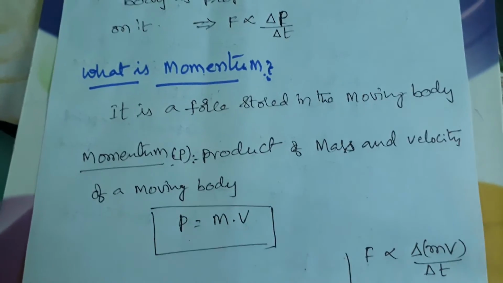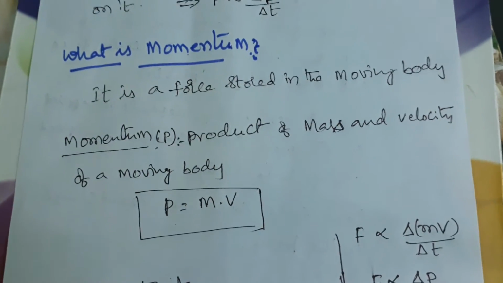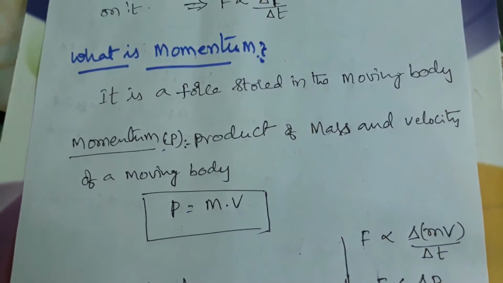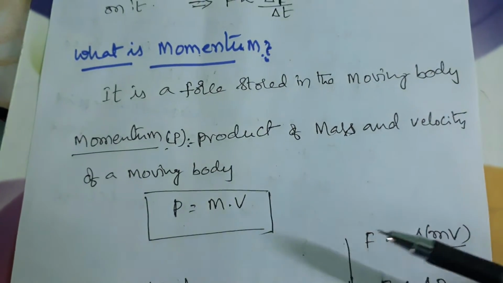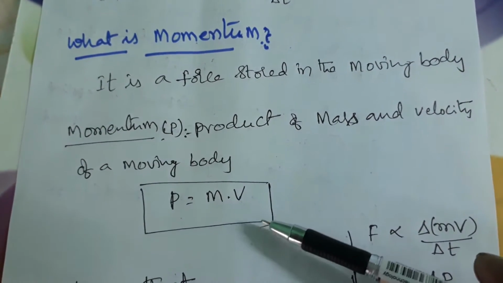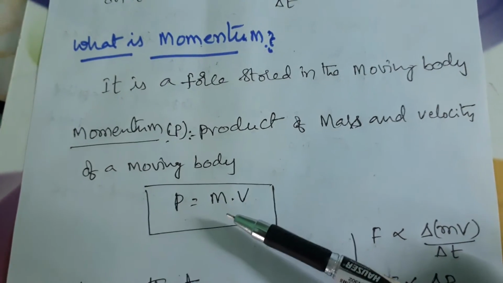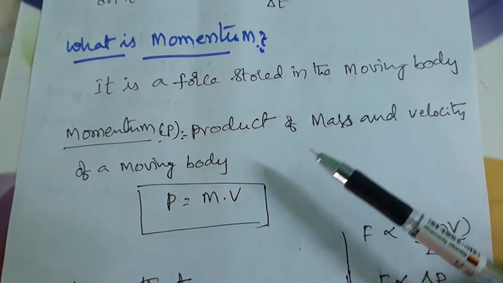With less mass, it has one kind of force, and it also depends on speed. The force stored in the body depends on speed or velocity, and on mass.